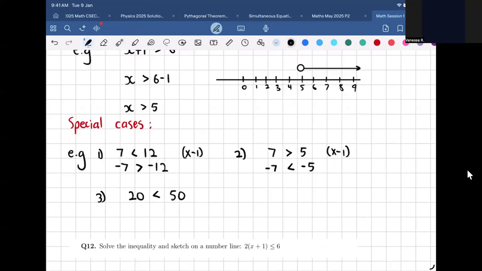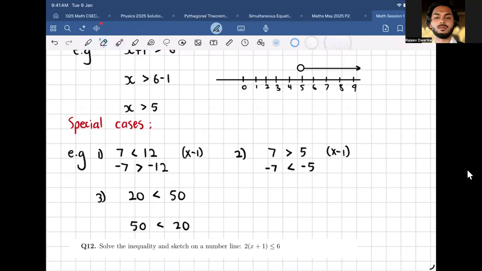If I swap the order, could I still write 50, put the same sign, and put 20? Does that make any sense? No. If you switch the order, what do you have to do to the sign? Switch it. Because 20 is less than 50, but if I write 50 first, I would have to switch the sign. 50 is more than 20.